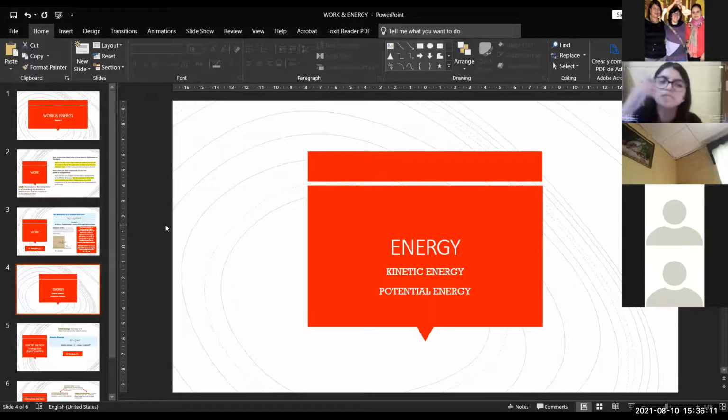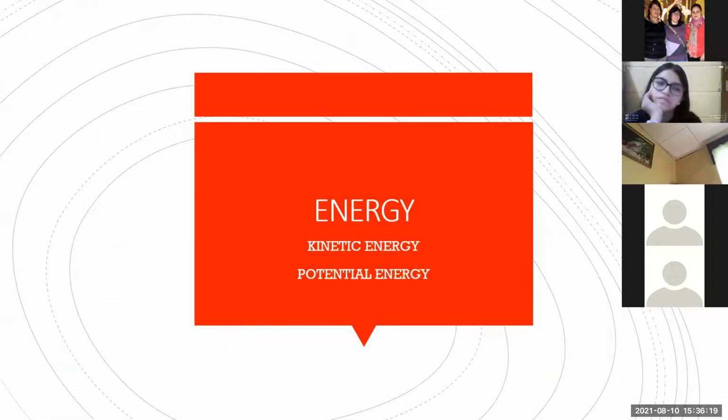The chapter work and energy is not called work and energy because energy is not part of it. It is part of it, okay? But as you can see, we're going to have two kinds of energy that will be included. One of them is kinetic energy and the other one is potential energy.